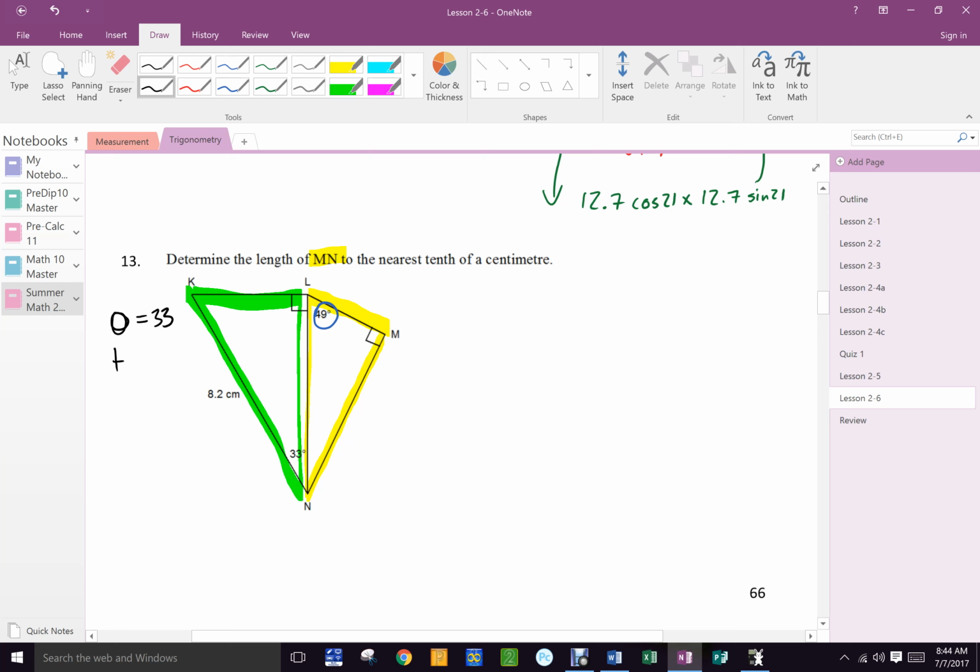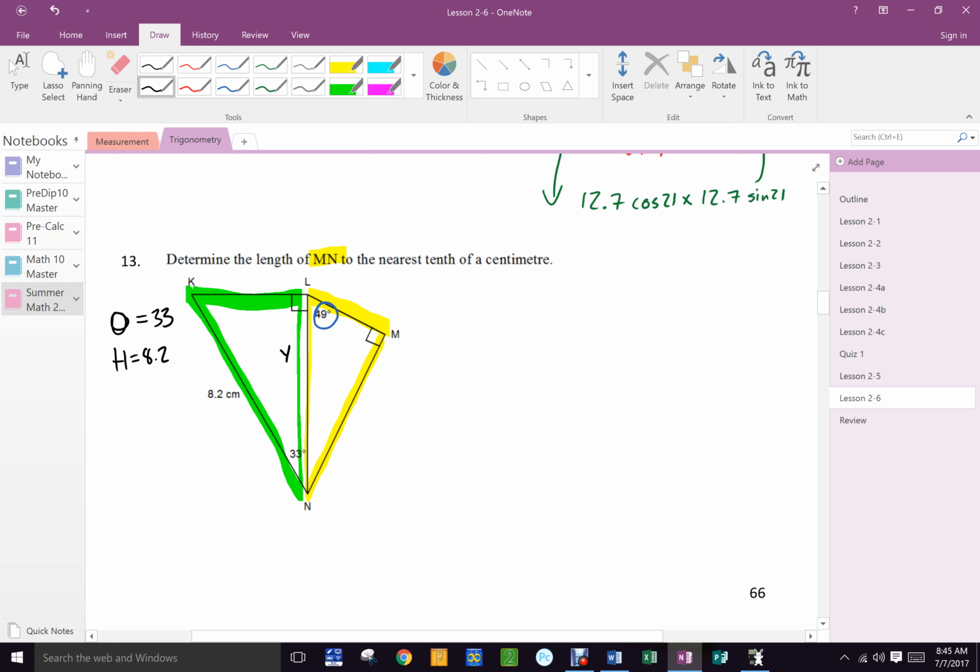So I also have a hypotenuse of 8.2. Now, when I have the theta and the hypotenuse, I can find everything on the green triangle, can't I? But I only need one other thing on the green triangle, don't I? Do I need X or do I need Y to do this question? I need Y. So I'm going to forget about X because I don't need it.